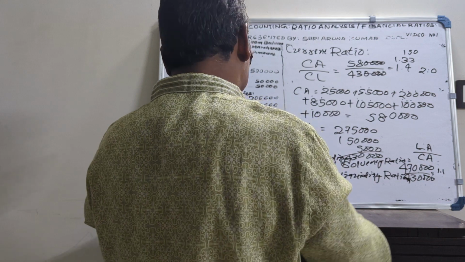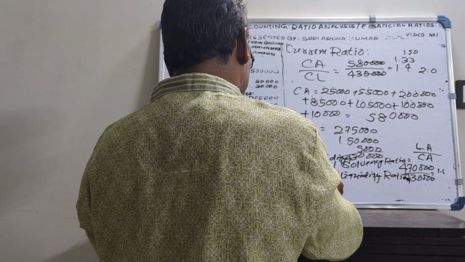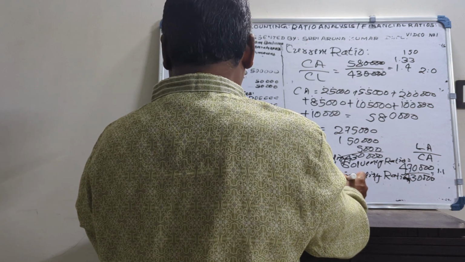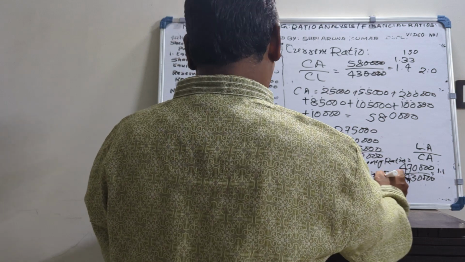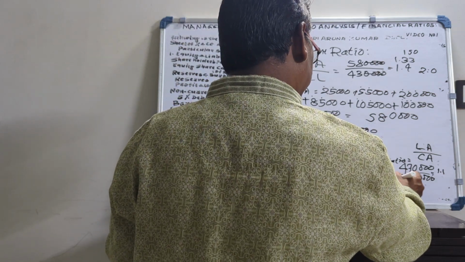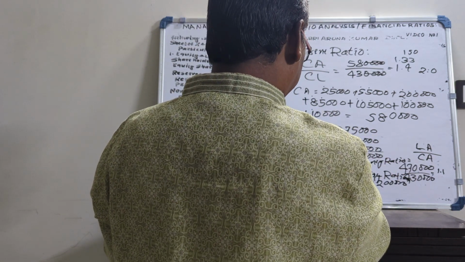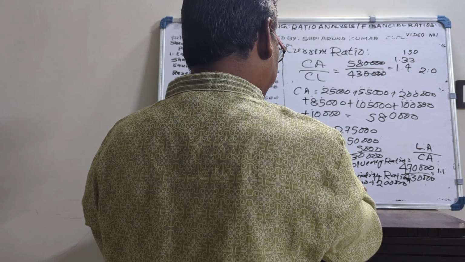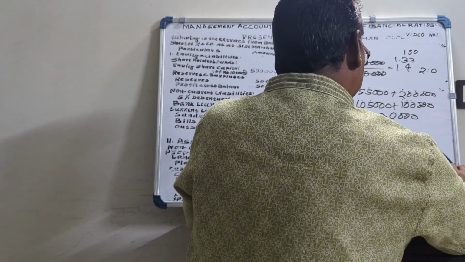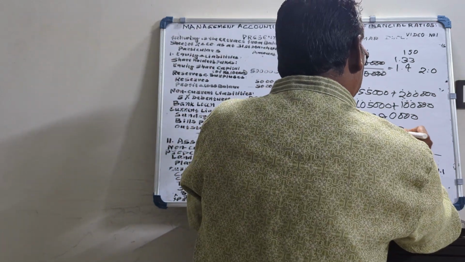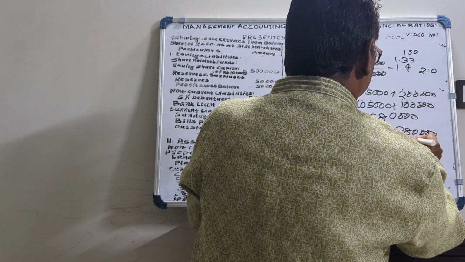So cash in hand is 25,000, cash at bank 55,000 plus marketable security 2 lakhs. So it is 2,80,000. So here the asset is 2,80,000 and liability is 4,30,000.